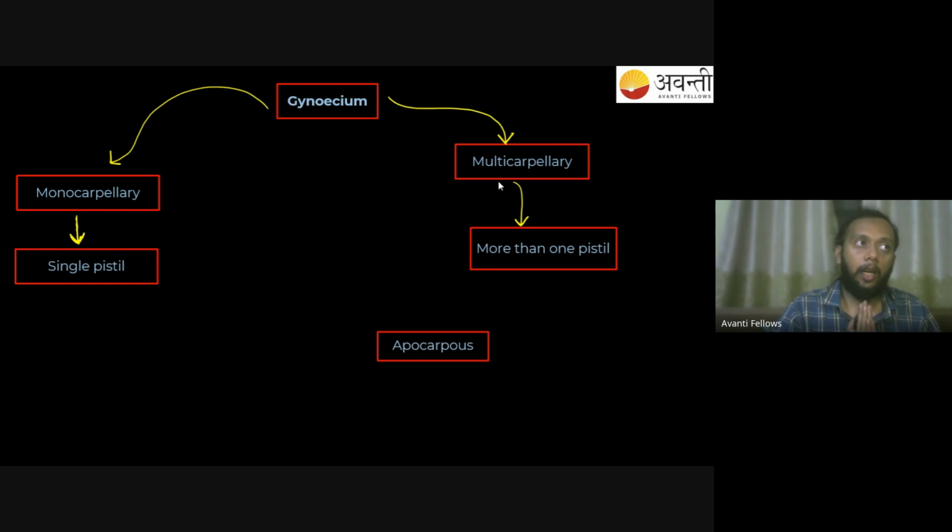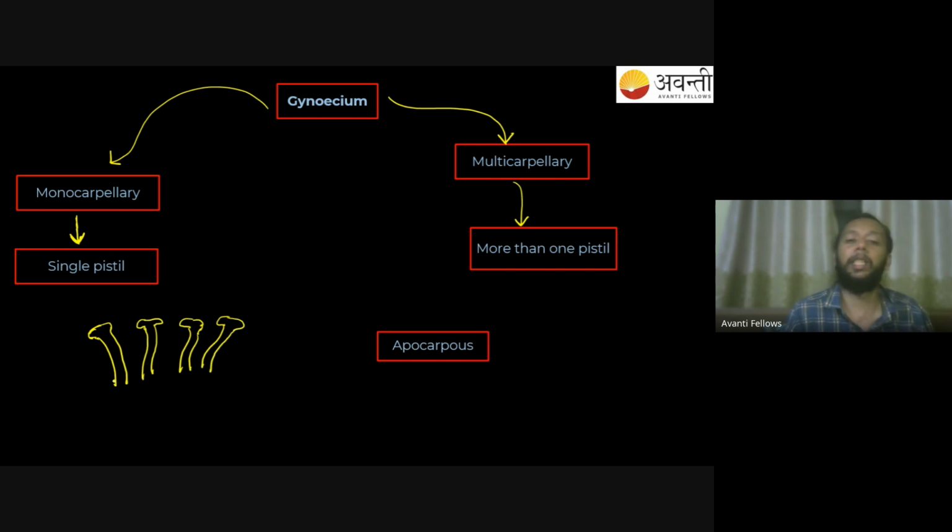Then assume that you come across a flower that has 4 pistils, and those 4 pistils are free from each other. You have pistil 1, pistil 2, pistil 3, and so on, all detached from each other.